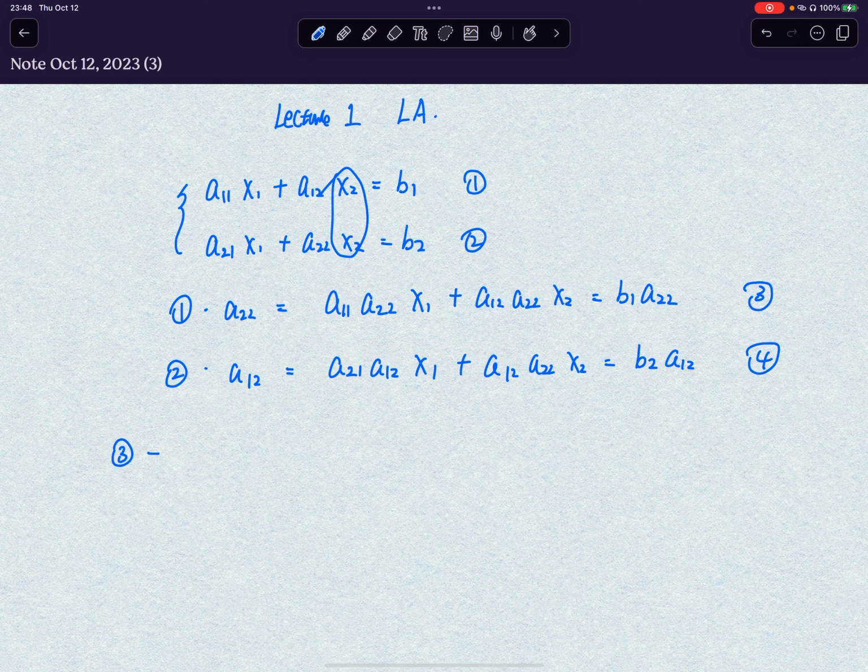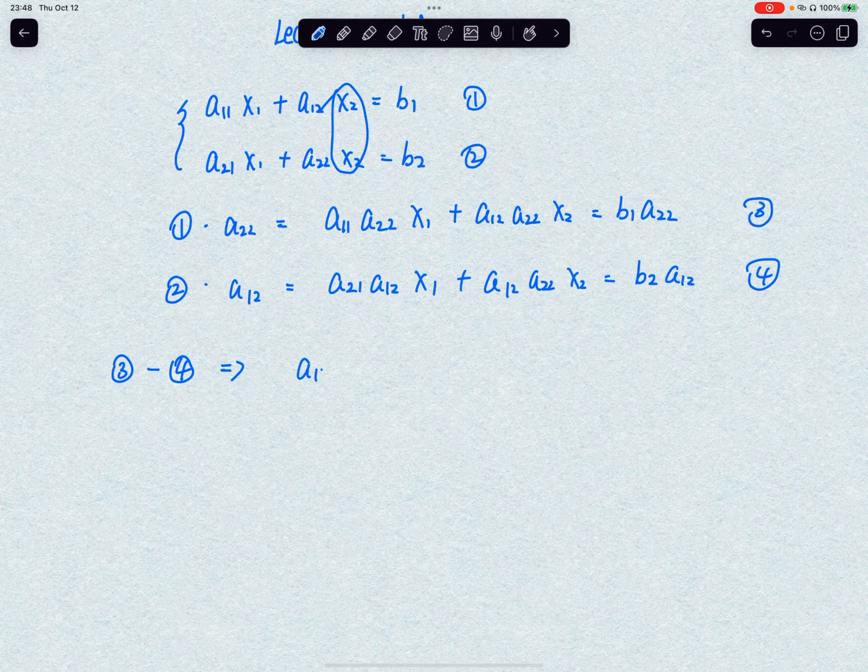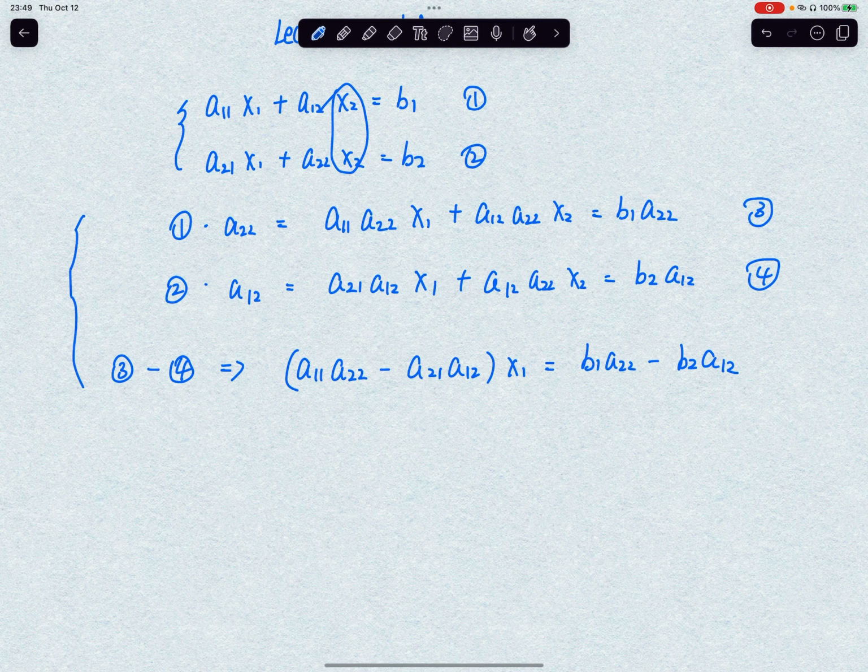If we use 3 minus 4, we will have a11 a22 minus a21 a12 times x1 equals b1 a22 minus b2 a12. And similarly, we can eliminate x1. So this is for x2, sorry. And for eliminating x1 is the same.